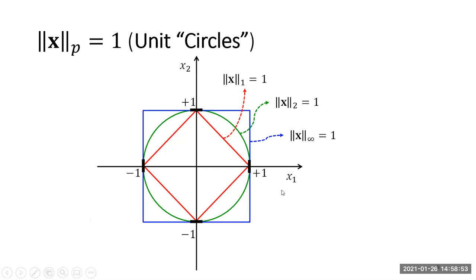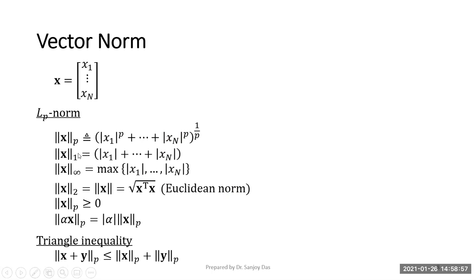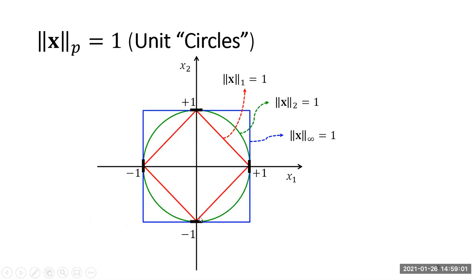Now for p equals 1, we take the sum of the absolute values, right? This red diamond here is the locus of all vectors with L1 norm equals 1.